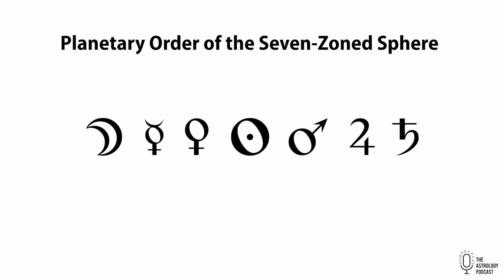So here is that planetary order: it starts with the moon and then Mercury, Venus, Sun, Mars, Jupiter, Saturn. They're all arranged in this order according to their planetary speeds.